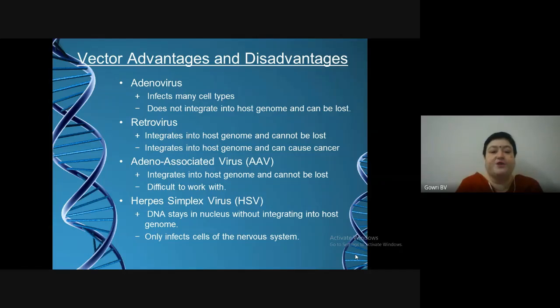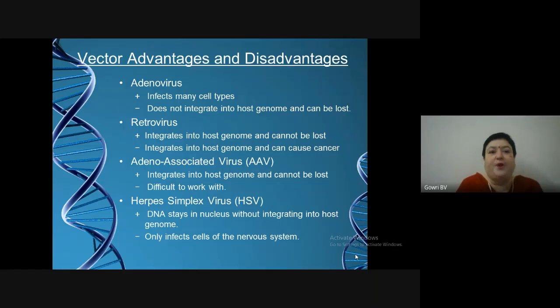The next virus we have is herpes simplex virus, designated as HSV. The advantage is that the DNA stays in the nucleus without integrating into the host genome, and the disadvantage is that it only infects cells of the nervous system, the central nervous system.